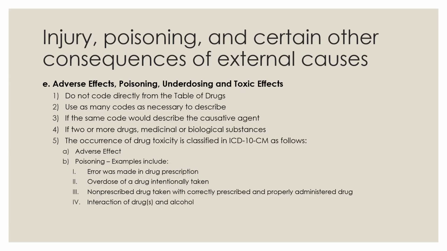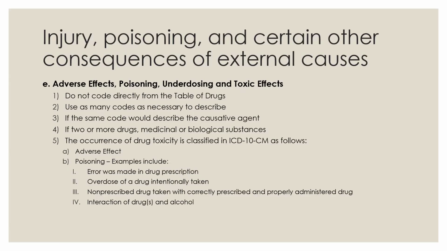The occurrence of drug toxicity is classified by ICD-10 as follows. Adverse effect. When coding an adverse effect of a drug that has been correctly prescribed and properly administered, assign the appropriate code for the nature of the adverse effect, followed by the appropriate code for the adverse effect of the drug, category T36 through T50.